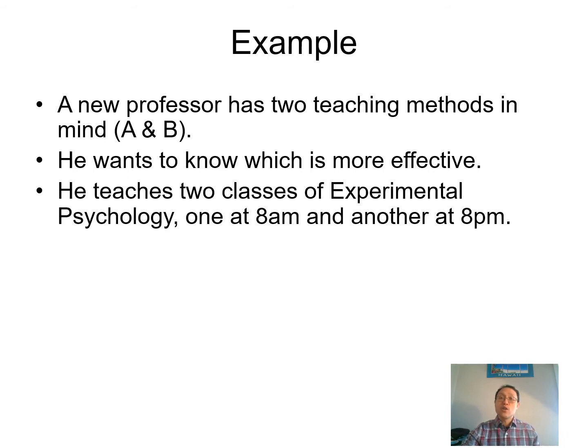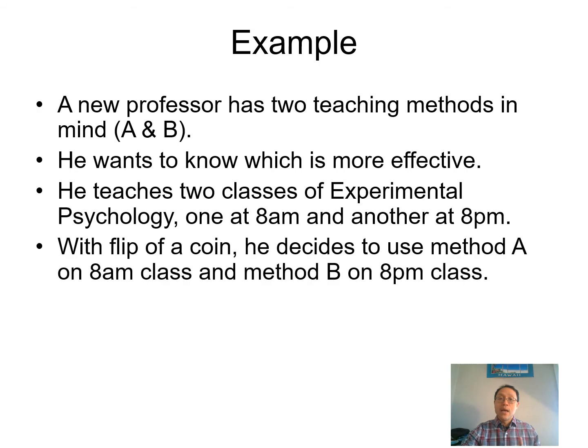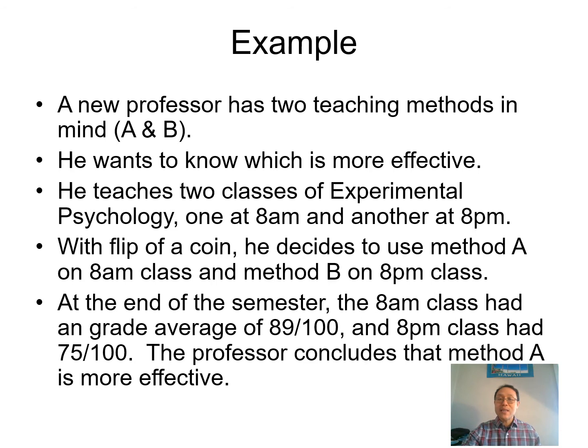So he teaches two experimental psychology classes, one at 8 a.m., another one at 8 p.m. With the flip of a coin, he decides to use method A on the 8 a.m. class and method B on the 8 p.m. class. At the end of the semester, the morning class had a great average of this, and the 8 p.m. class had an average of this, and he concluded that method A is more effective.